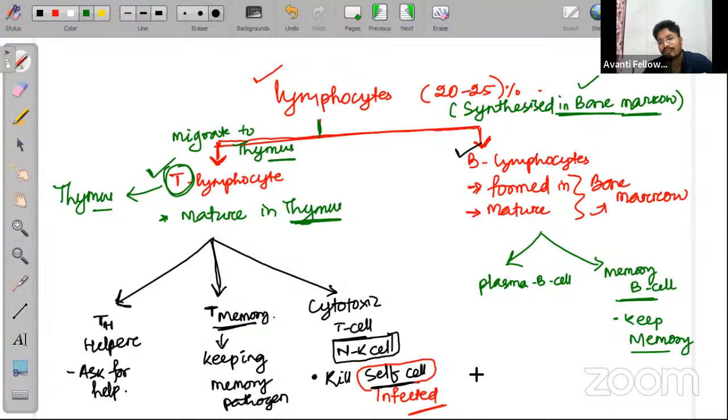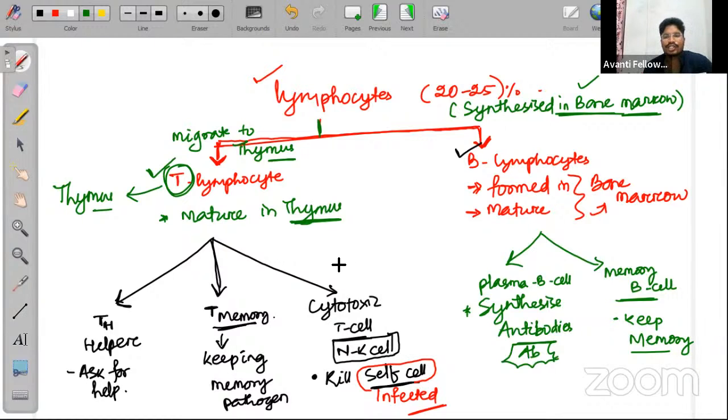And the role of this plasma B cell is to synthesize antibodies. ये antibodies synthesize करेगा. Is that clear to everybody?